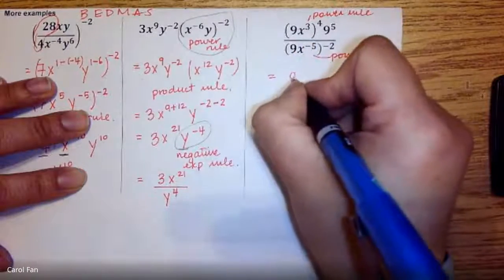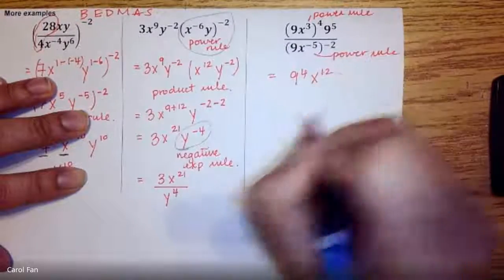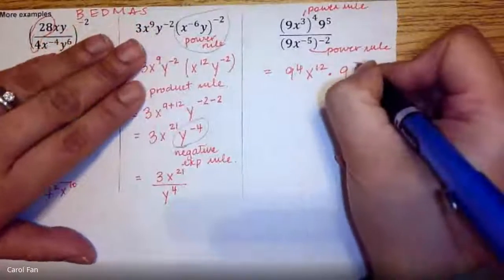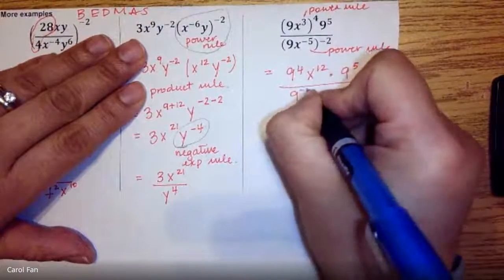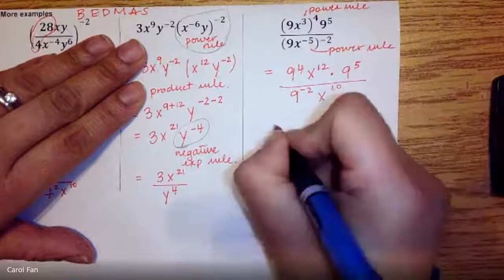So I have 9 to the power of 4, x to the power of 12, times 9 to the power of 5, all divided by 9 to the power of negative 2, x to the power of 10.